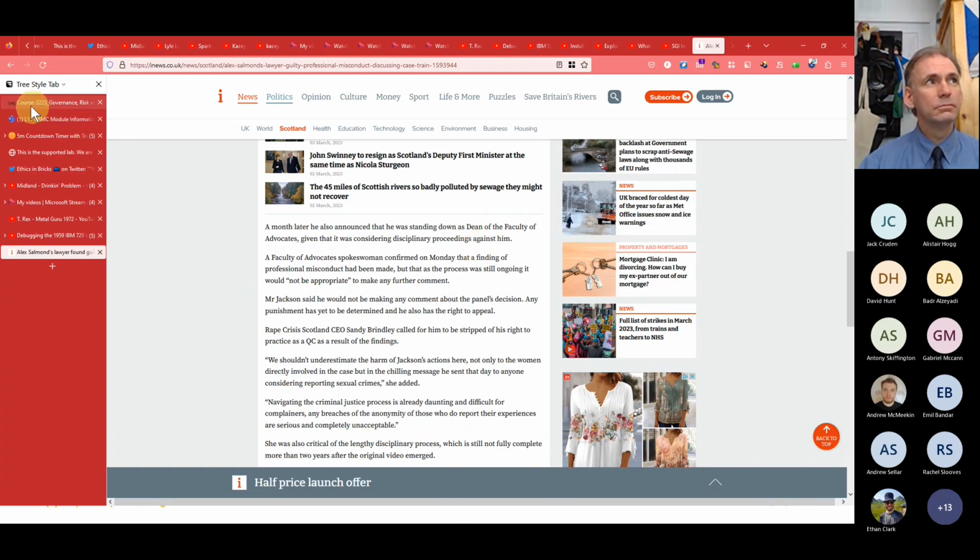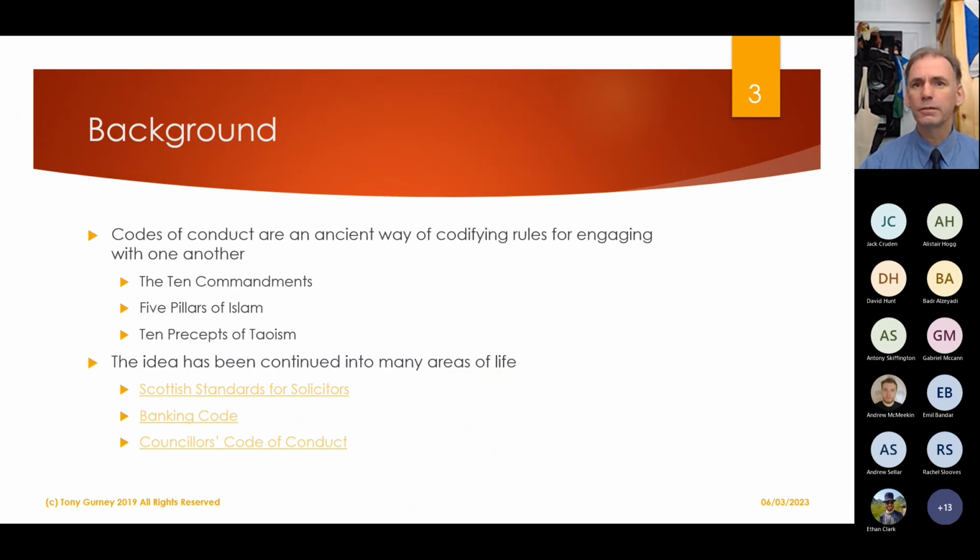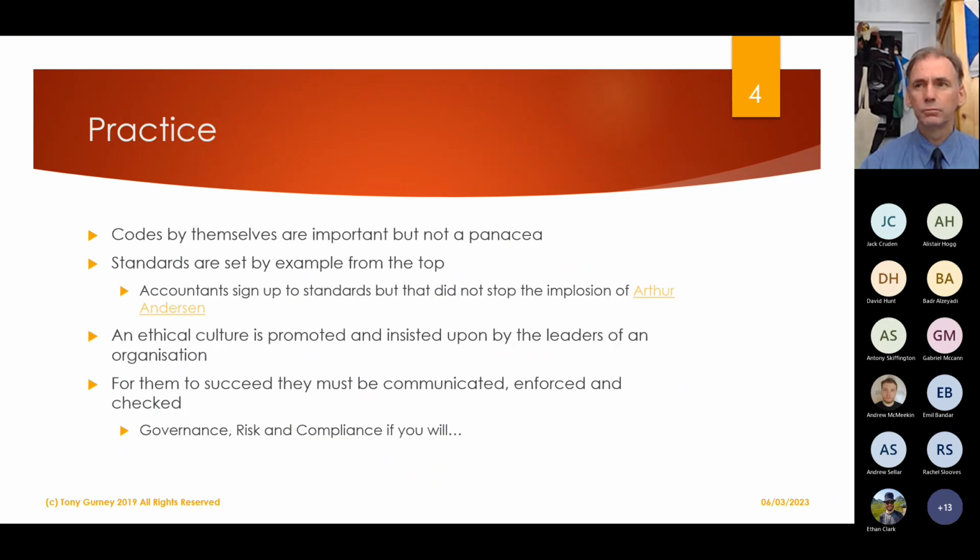So lots of people can be caught out. Even people you'd expect to know better. Which leads me quite neatly on to my first point there. Codes are important, but they're not a panacea. They don't stop people doing silly things.